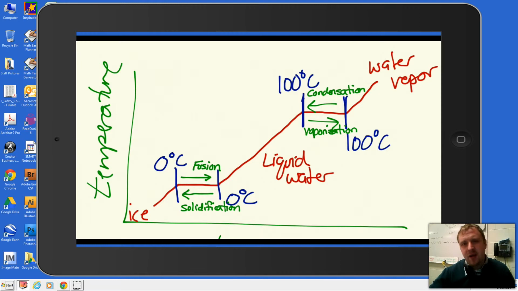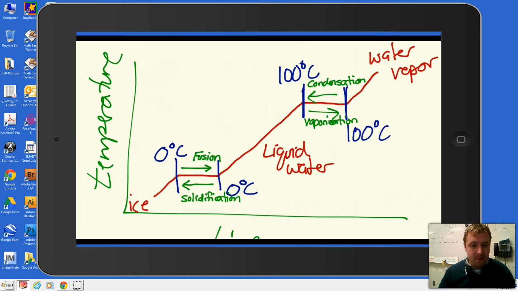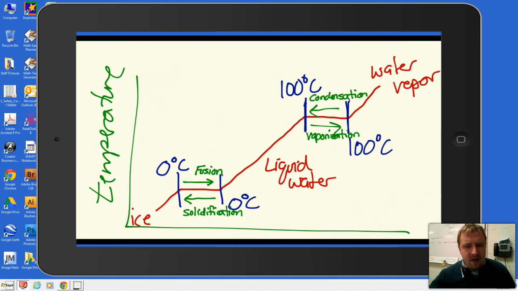It's these plateaus where it gets confusing, because we see the temperature go up, pause, level out for a little bit of time, because remember this graph is versus time, and then keep on going up. What we concluded in class was that there was energy being used to actually perform the phase change.